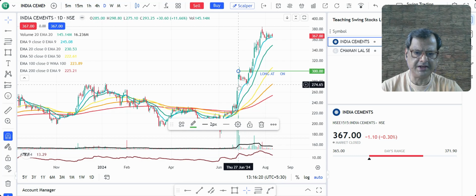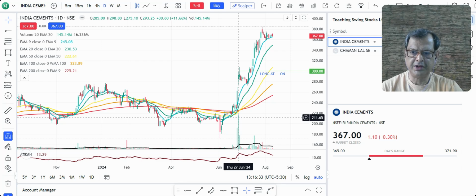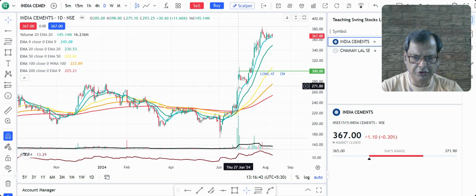This is a gap up candle, but they have not considered the gap. What they've just considered is that this is a candle. I've got huge volumes here. Volume is 145 million compared to the 20 period volume of 16. That's almost like 10 times the volume. So they decide the price is in a strong uptrend and price has broken through, and it will be good to go in the trade.